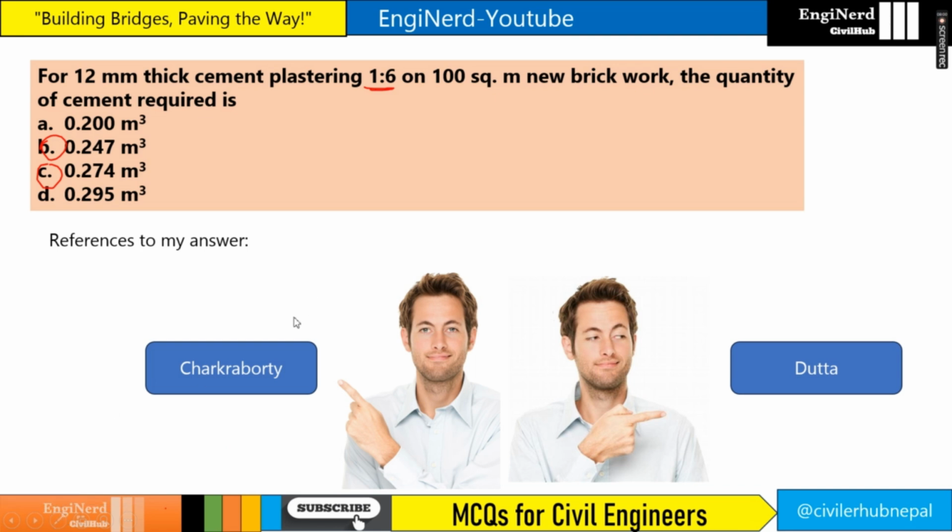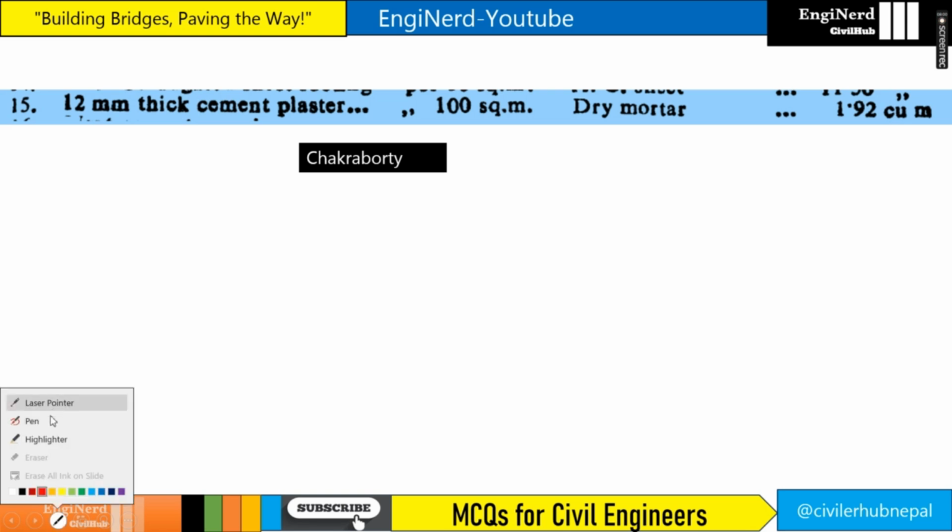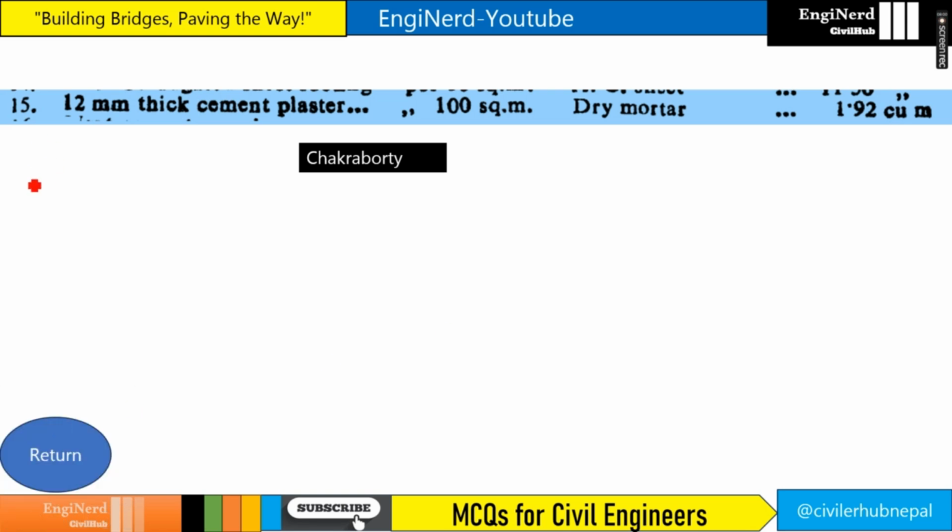For Chakrabarti, in his book, for 12 mm thick cement plaster for 100 square meter, dry mortar is given directly in table form as 1.92 meter cube.